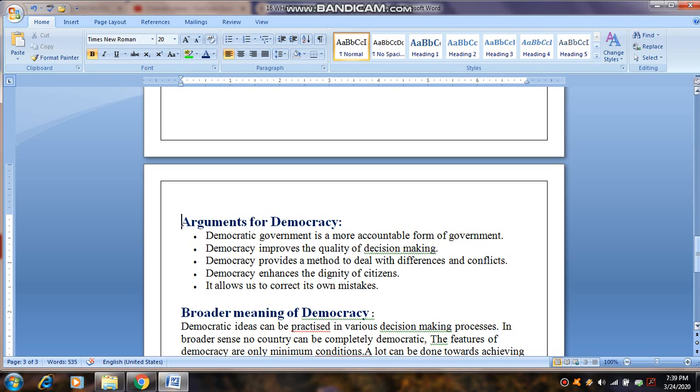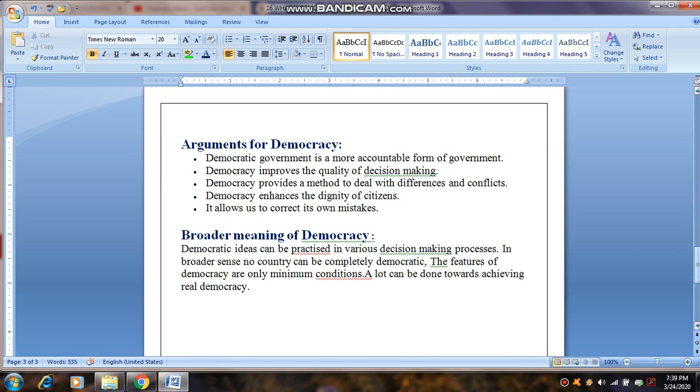We started thinking for the nation. Before we elect a government, we think about the political party, whether this party is going to work or not, and in this way we enhance our dignity as citizens. It allows us to correct its own mistakes.